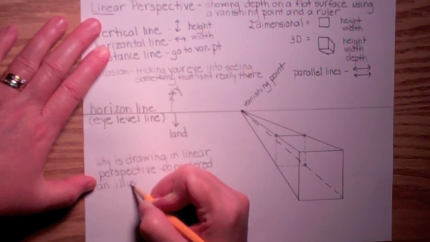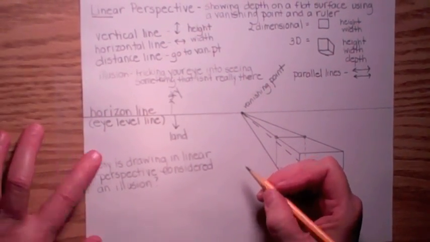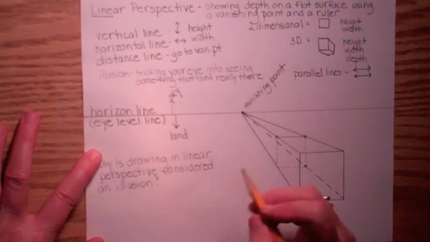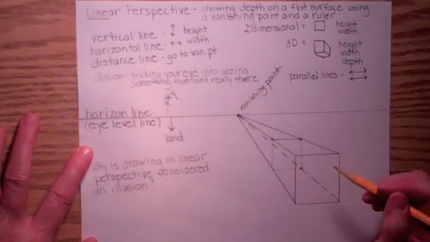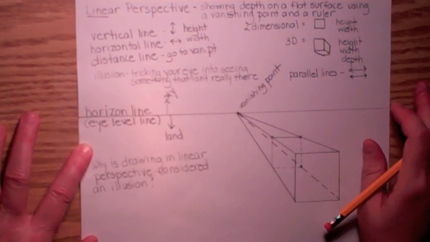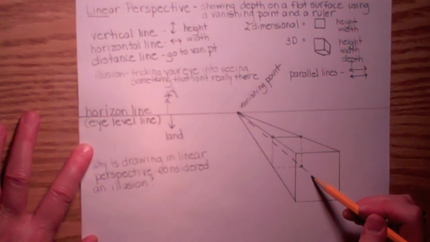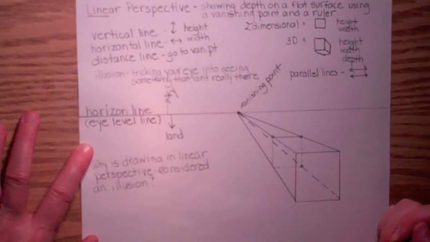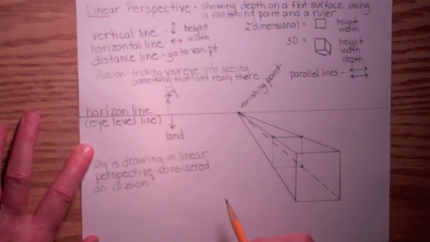Now, to answer this question, you have to understand what linear perspective is, and you have to understand what an illusion is. Okay? And the answer is, you are tricking your eye into seeing depth on a flat sheet of paper, and that's impossible. This box is on a flat sheet of paper, but when our eyes see it, it looks like it's going back into space. So that is why perspective is considered an illusion.